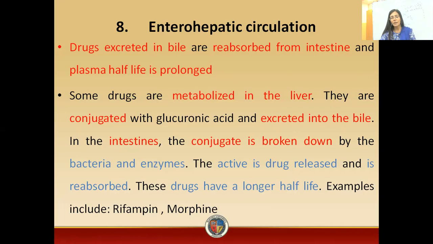Now, these active metabolites will again enter into the plasma. It means we are increasing the half-life of the drug. So in enterohepatic circulation, the drug's half-life gets increased until and unless it is fully metabolized into an inactive metabolite and excreted from your body.